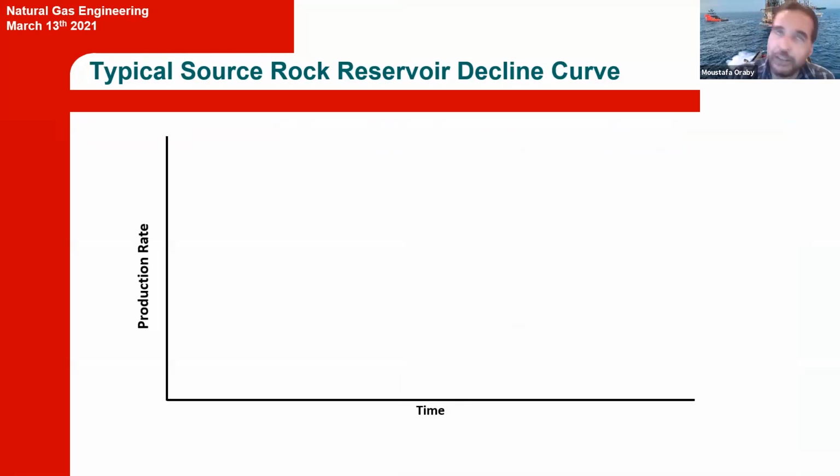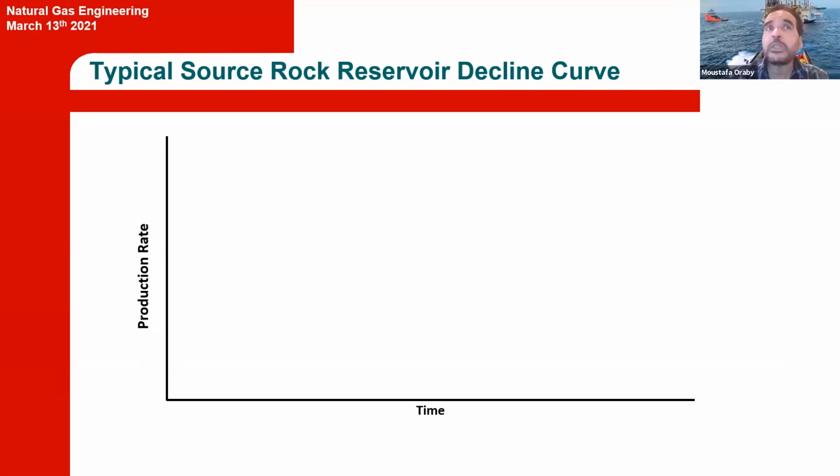But if you do have, that's fine. If you have some conventional porosity, you will follow the conventional decline curve. What is the conventional decline curve? High production at the beginning, fast decline. That's what the conventional decline curve is all about.